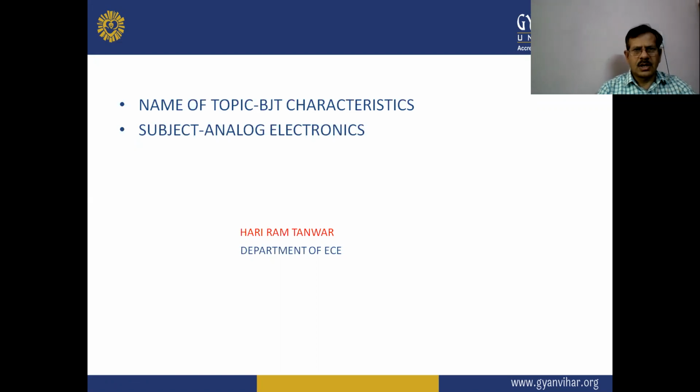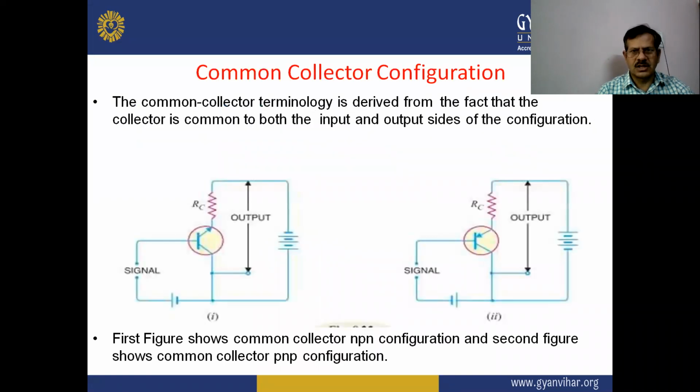Today, the topic of analog electronics is the BJT characteristics, or bipolar junction transistor. So that is the common collector configuration of the BJT.